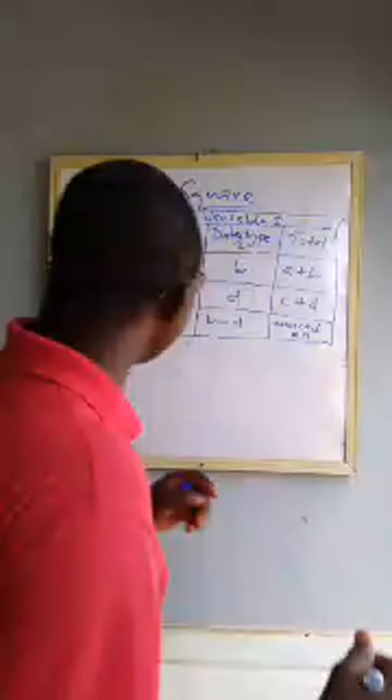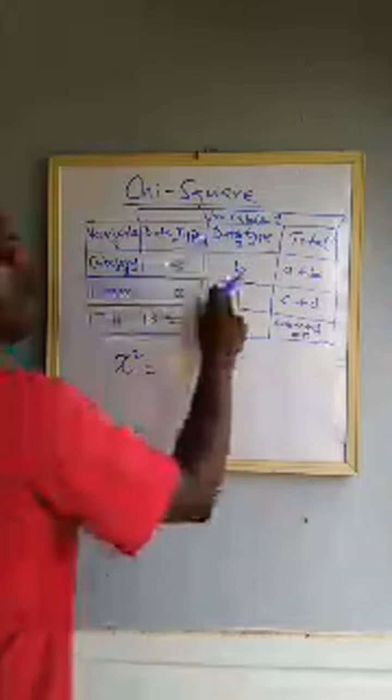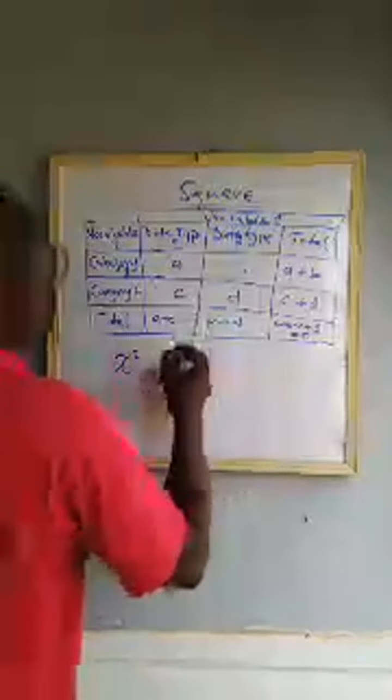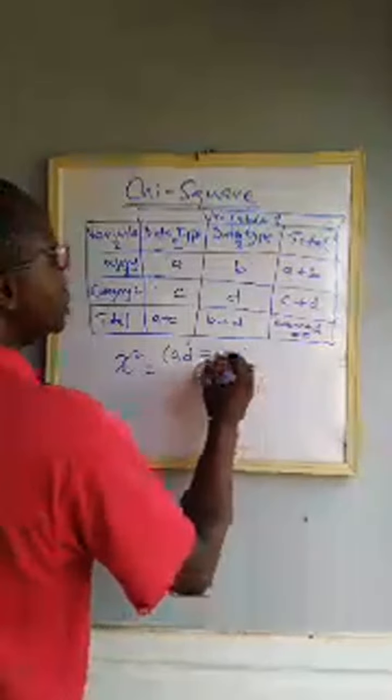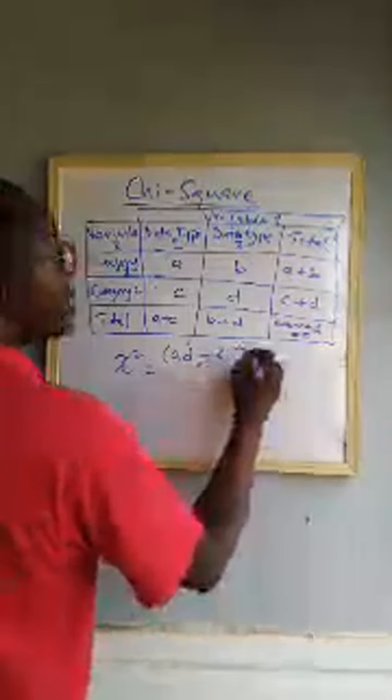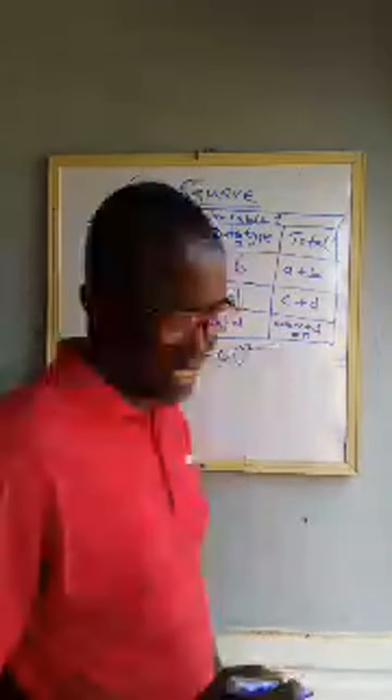Now, AD minus BC: this times this, minus this times this, squared. Take note, squared. Multiply by A plus B plus C plus D.